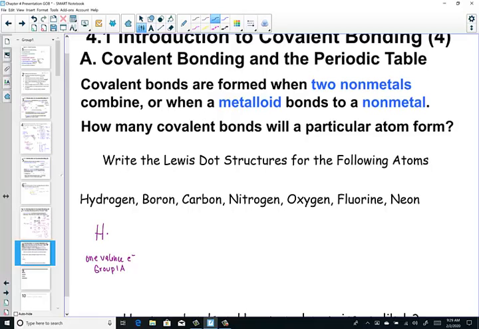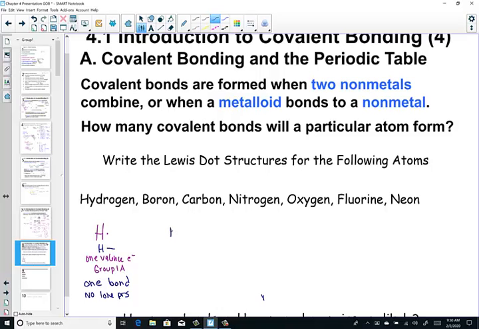So I can clearly see that hydrogen would like to form one bond. That's what I want us to realize: how many bonds and how many lone pairs for each element? Well, hydrogen is going to want to form one bond and have no lone pairs. That's its trend to become like helium.